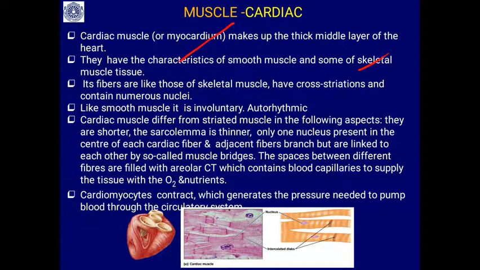They have striations. Cardiac muscles differ from striated skeletal muscles in that they are shorter, the sarcolemma is thinner, and they have a single nucleus, whereas skeletal muscles are multinucleated. They are branched and continuous, and you will find cross bridges between the muscle cells.